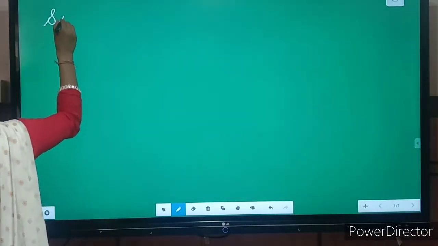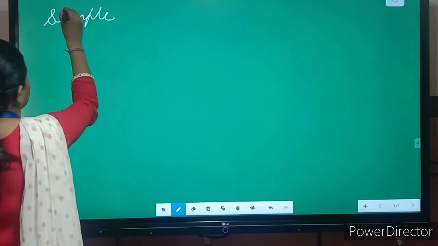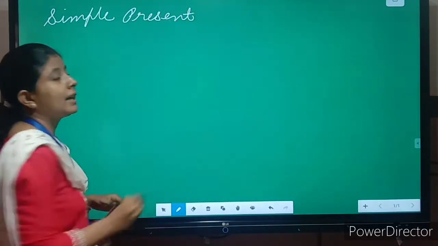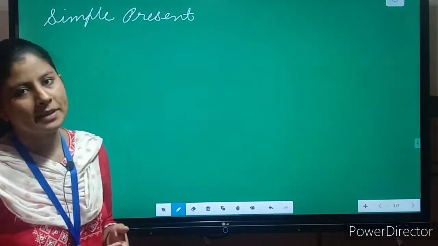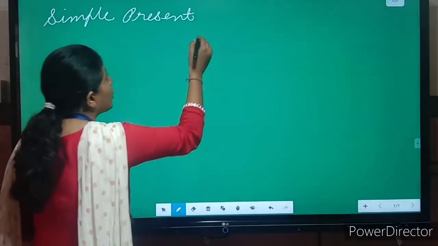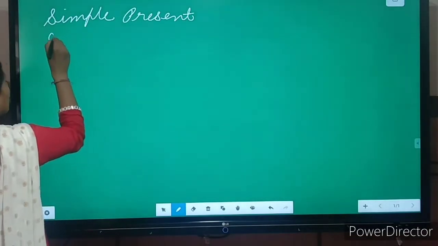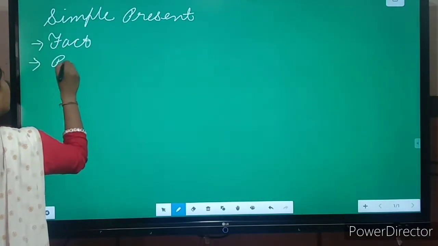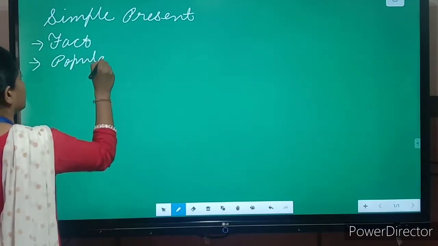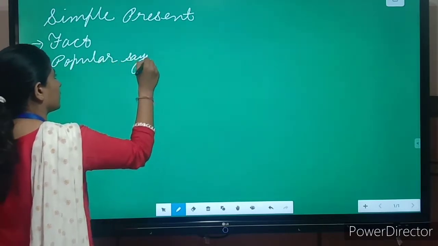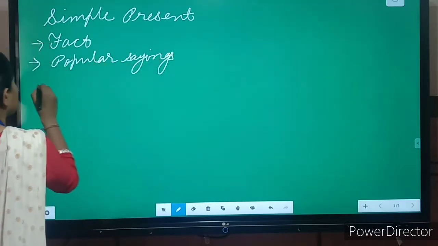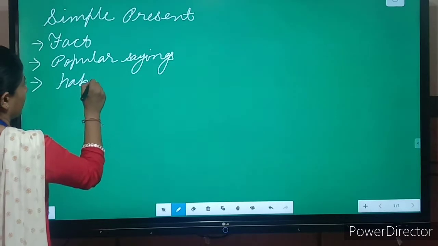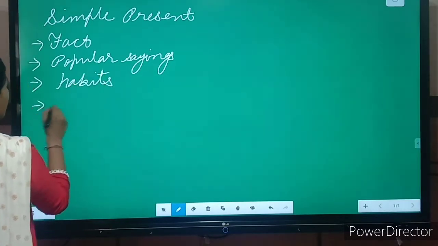As I already told you, we are going to read simple present tense. So let's first understand where to use simple present tense. Students, we use simple present tense to show fact, popular sayings, habits and routine.